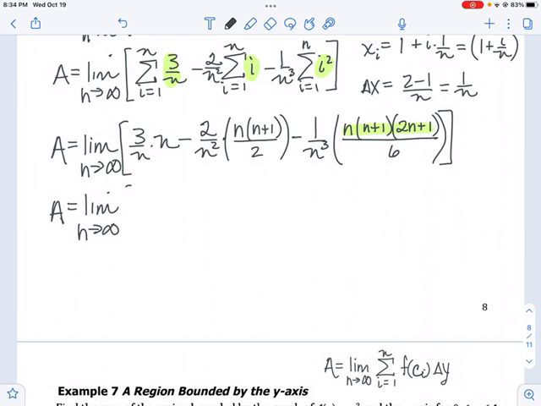So as n goes to infinity, we have 3 minus, and I'm going to distribute here and then multiply by n, so I get 2n squared plus 2n, over 2n squared.